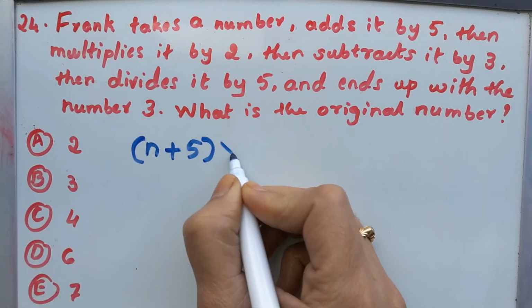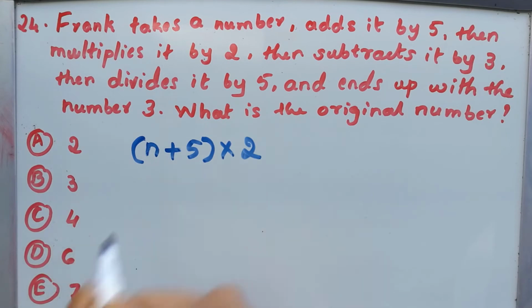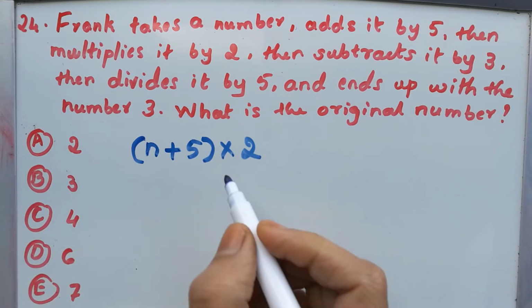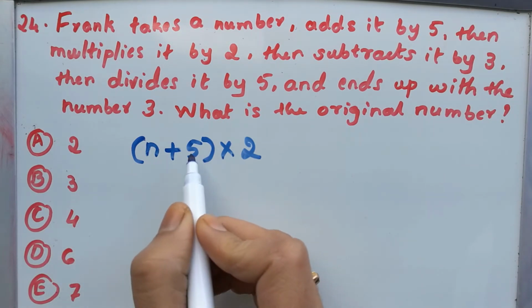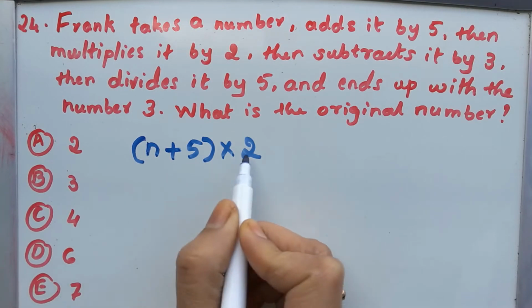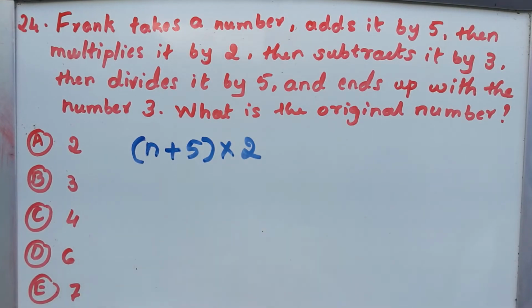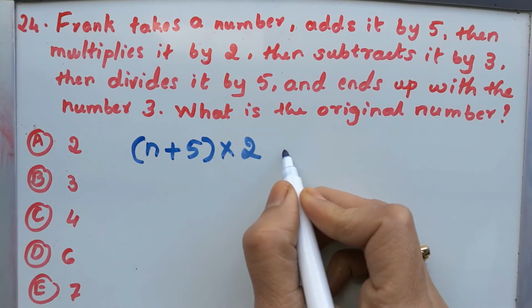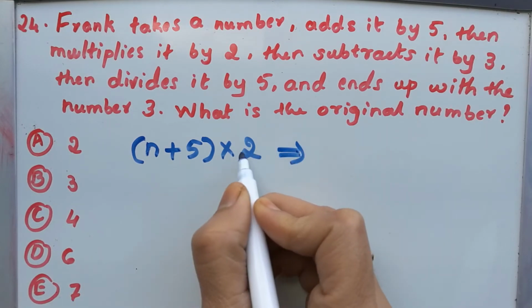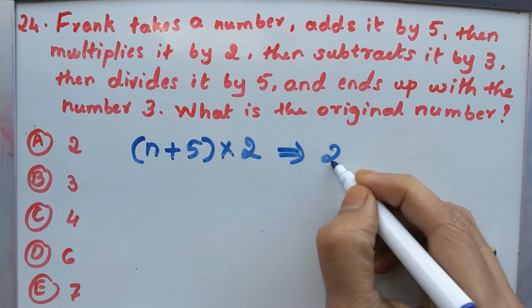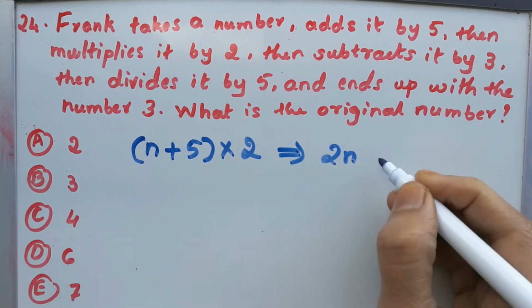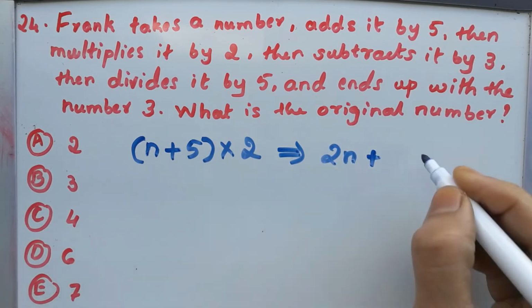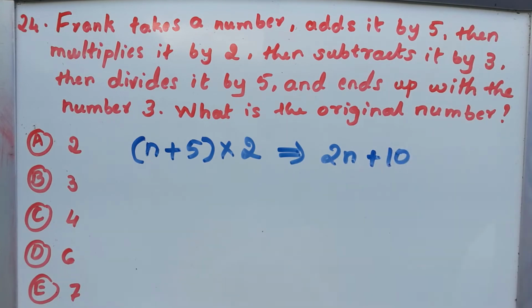He multiplies the number by 2. So you are not supposed to multiply only 5. You have to multiply n plus 5. So after multiplying we get 2 times n plus 2 times 5. That is 10.